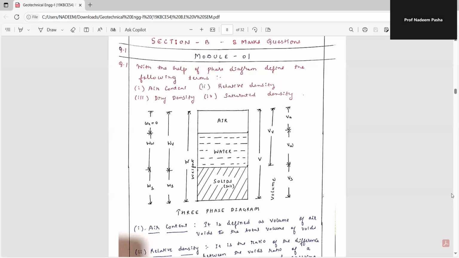Now, what do you mean by air content? It is defined as the volume of air voids to the total volume of voids. So how are we defining air content? It is defined as the volume of air voids to the total volume of voids. What is air content? How much is the volume of air in the voids, to the total volume of voids. This is your air content. Relative density.